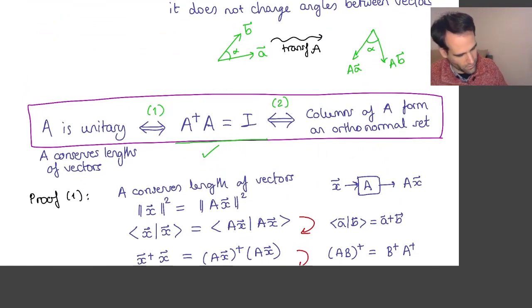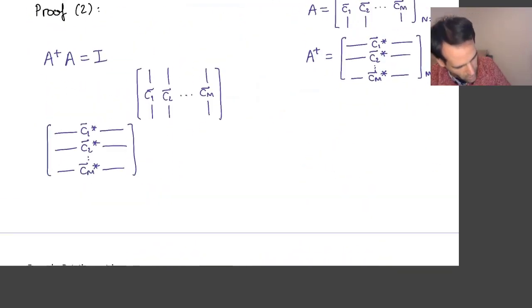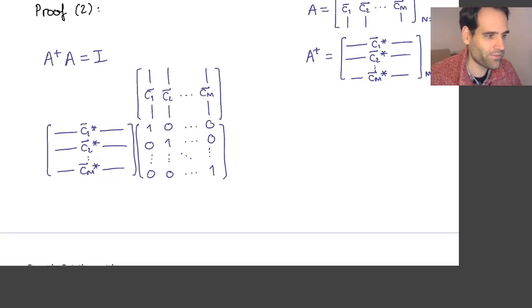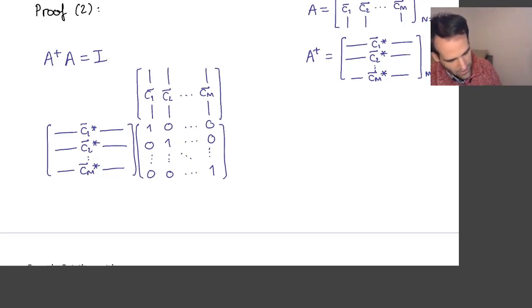So we know that the result of this is a matrix that has ones on the diagonal and zeros everywhere else. But now look at this. This is beautiful because every element in the diagonal, for example this element here, is what?